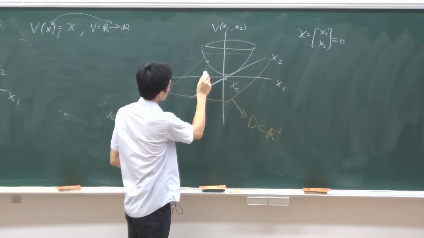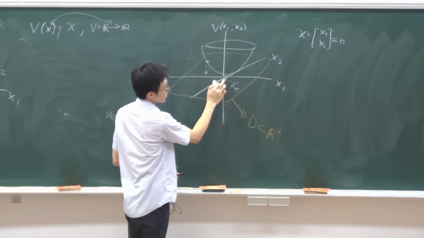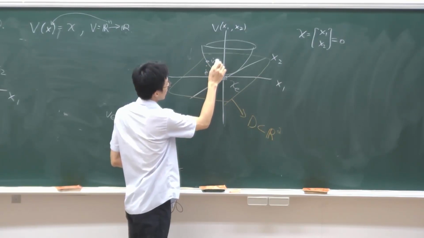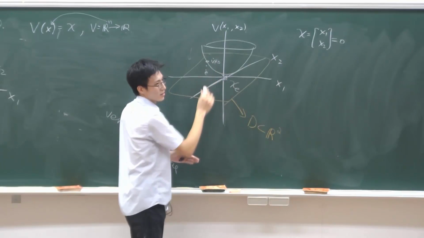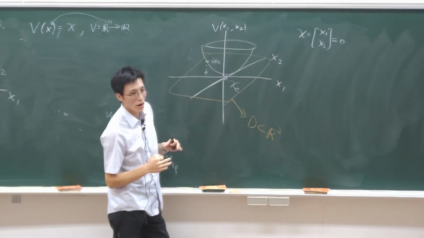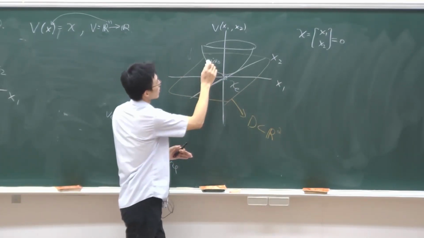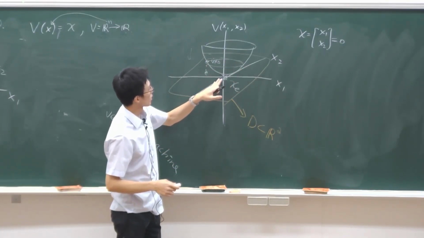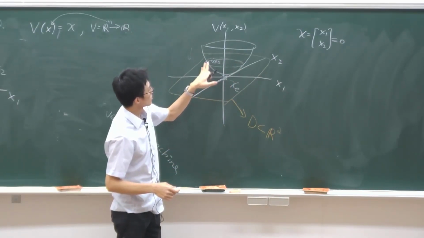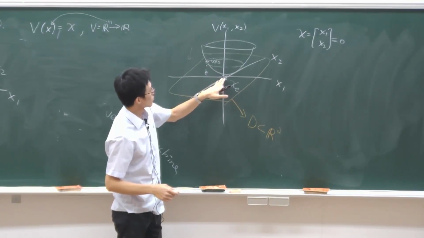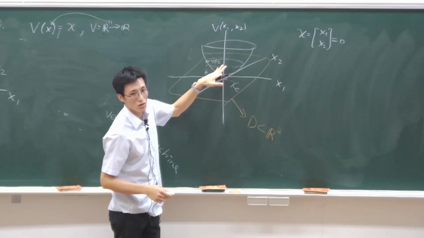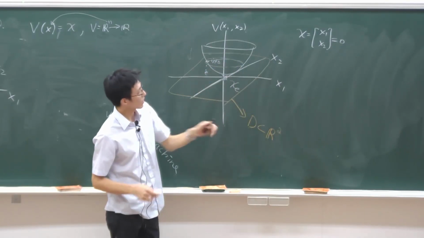At this point, which is not at the origin, V dot is 0, meaning it stopped decreasing, right? It keeps at this level set, and in this level set, we know the argument is not trying to go to the origin. It stopped here in this orbit, which is not 0. So it's only stable.